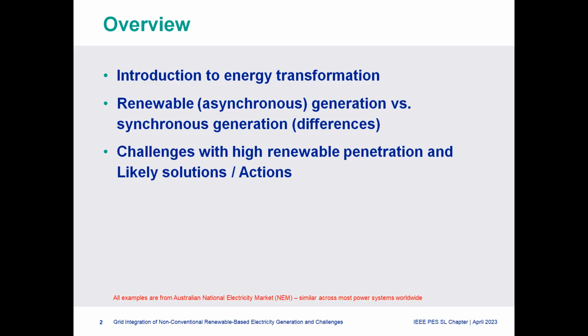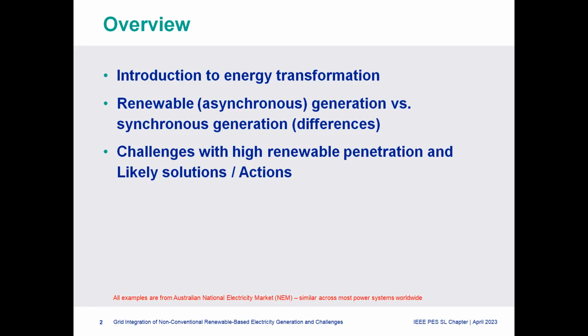And then the main issue that we have is renewable generators or this asynchronous generation is different to synchronous machines. So we will talk a little bit about what asynchronous generation is, why they are different to synchronous machines, and the challenges associated with them, especially when we have a higher percentage of renewable generation.